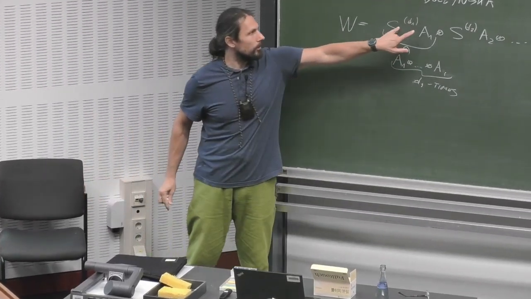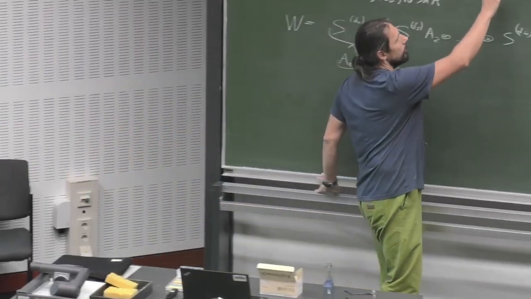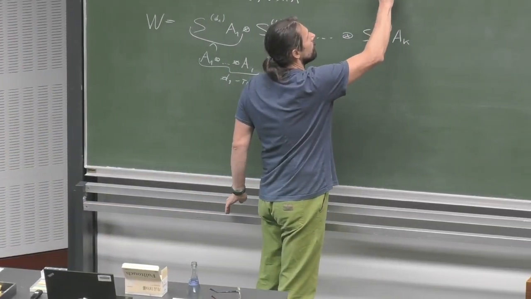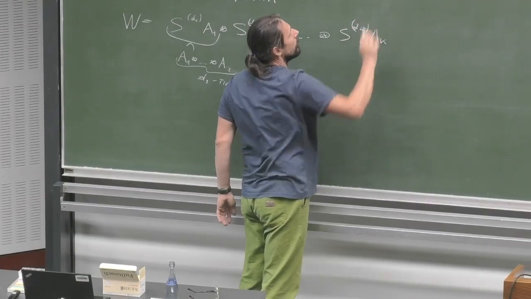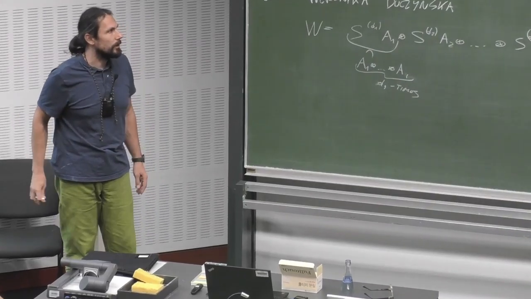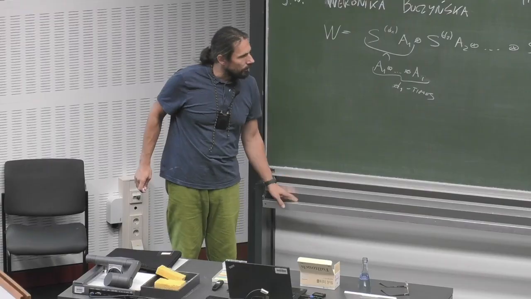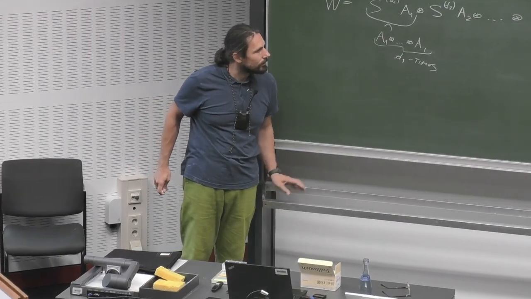I will try to explain why I use these brackets in a little bit, but for now let me tell you that I'm always working over an algebraically closed field, so complex numbers if you prefer, but this could also be a positive characteristic field.